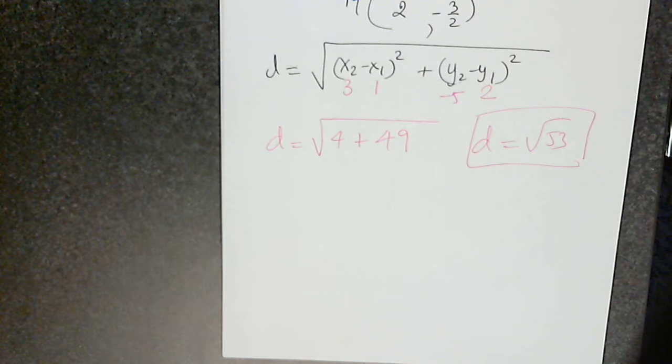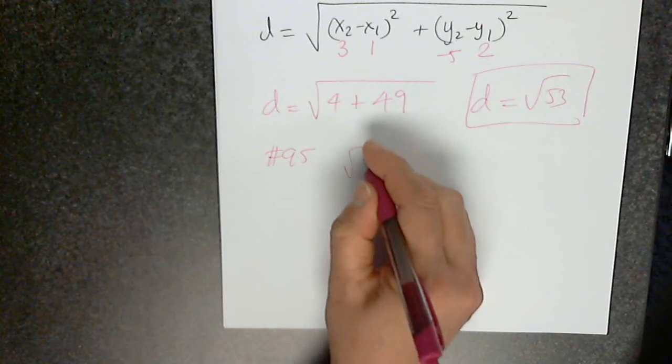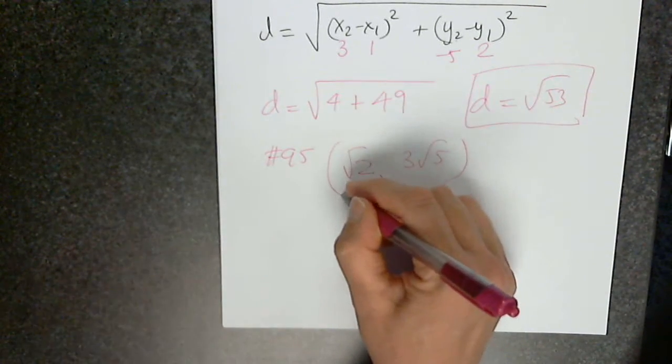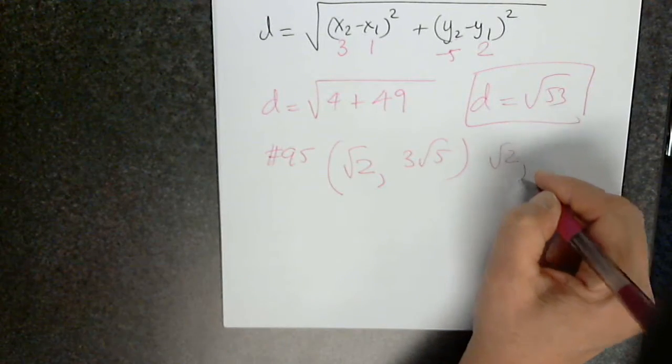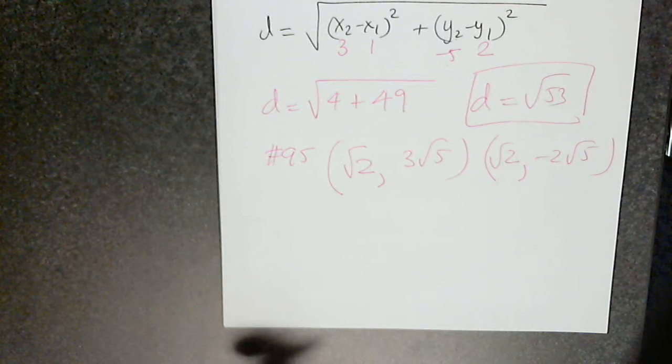Okay, I'd like to choose one more ordered pair. Let's say the square root of 2, 3 the square root of 5, and the square root of 2, -2 the square root of 5. They're asking us to find the midpoint.